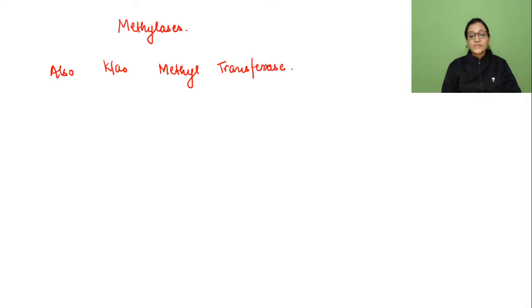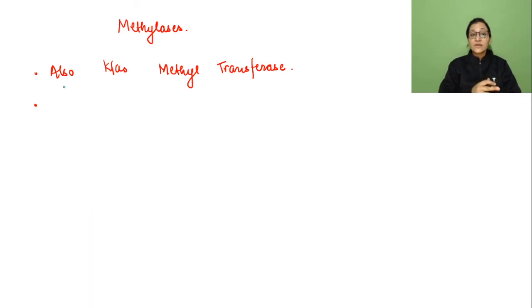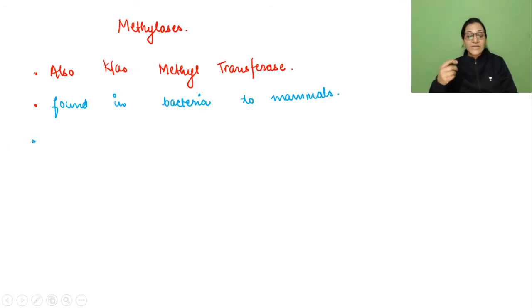Now these methyl transferases, where are they found actually? So they are found in bacteria to mammals. So they are found almost in everything. The range is vast. Right? This is about methylases.